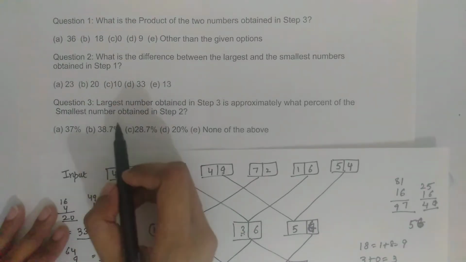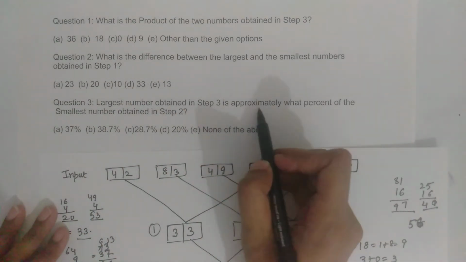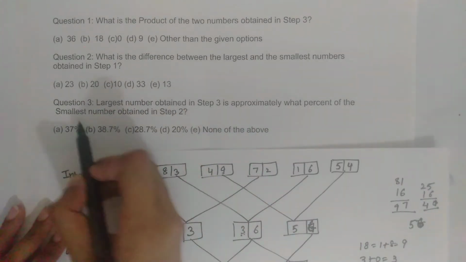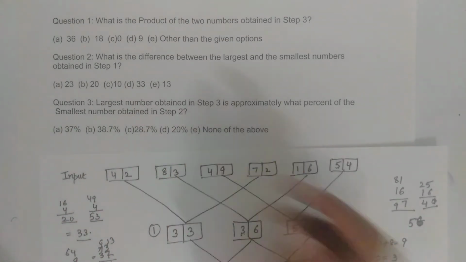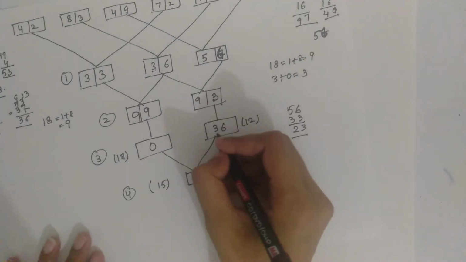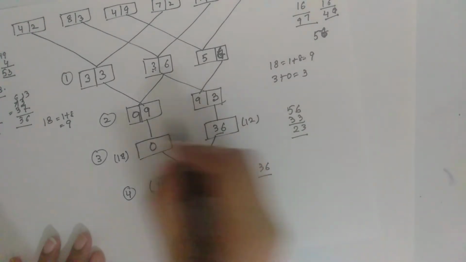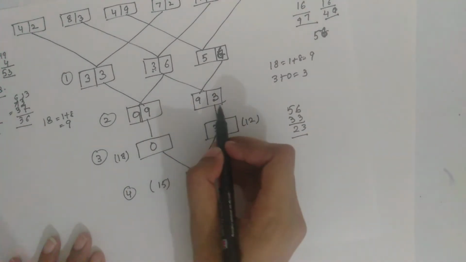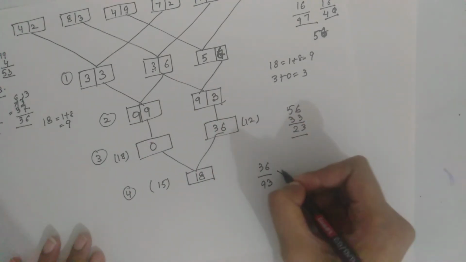Now see the last question. Largest number obtained in step 3 is approximately what percent of the smallest number obtained in step 2? Largest number in step 3, which is 36. This number is what percent of the smallest number obtained in step 2? Now what is the smallest number in step 2? 93.